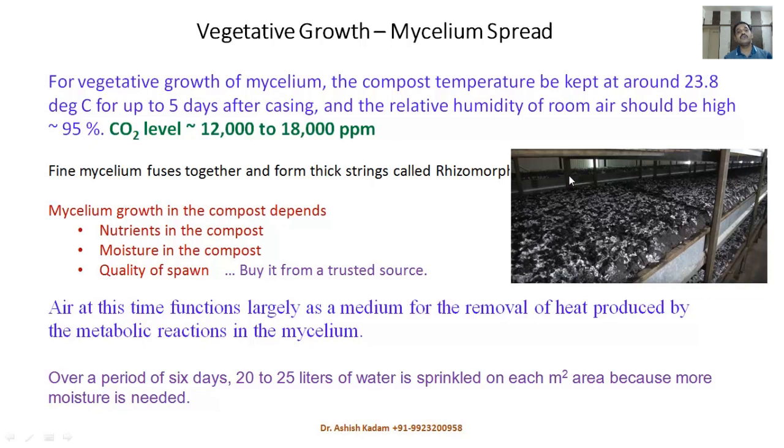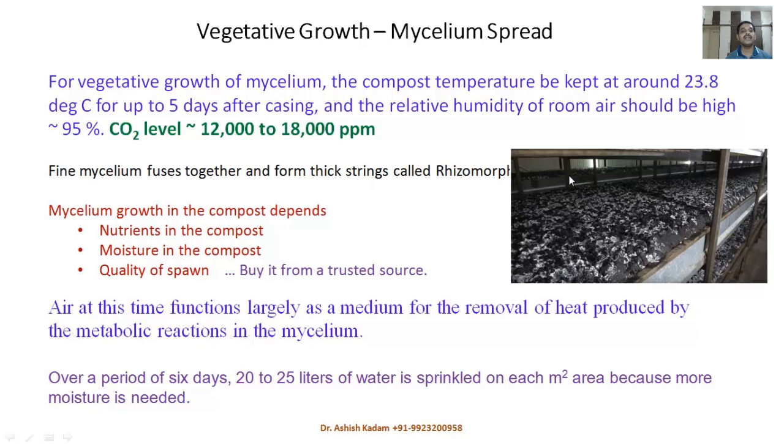But for this vegetative growth, we do not require outside fresh air, because we have to maintain a very high level of CO2. We are recirculating the same room air across the air handling unit, only to take care of the cooling of the air. We don't want to control the CO2.